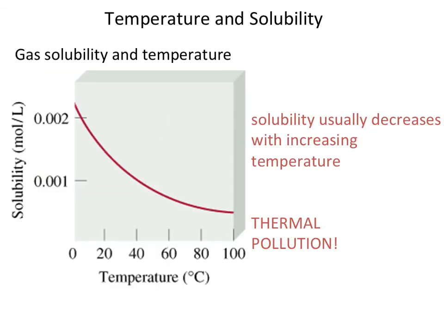Now, this same temperature and solubility approach to gases is very different. So what we see is that as we increase the temperature of a solution containing a gas, the solubility of that gas is going to decrease. So this is actually one of the things that contributes to thermal pollution.